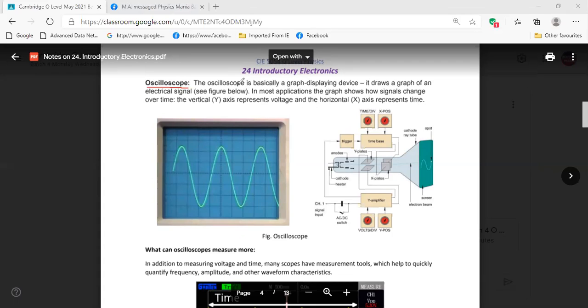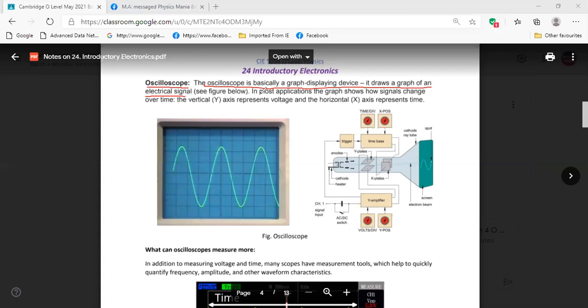Now you see here, the oscilloscope. What is that? The oscilloscope is basically a graph displaying device. It draws a graph of an electrical signal.